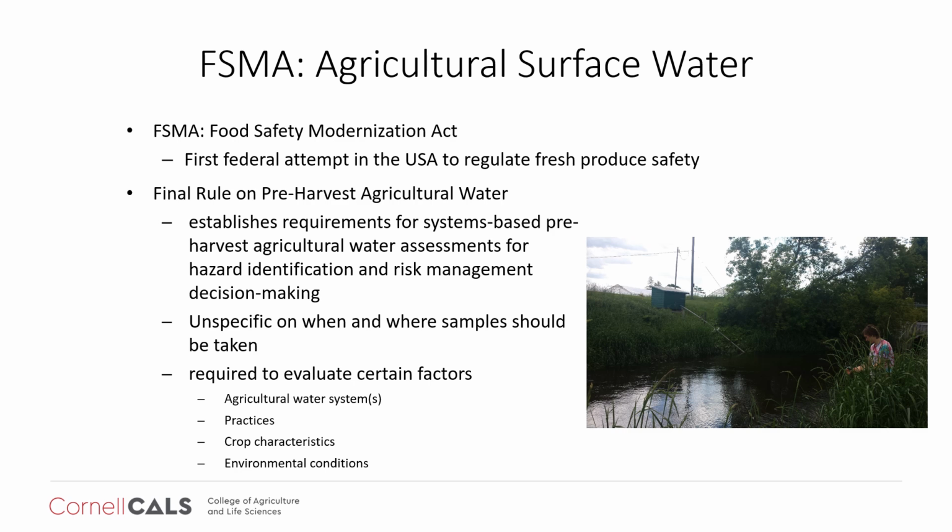When designing such a system, we need to evaluate multiple factors such as agricultural water system used, different practices, crop characteristics, and environmental factors. For example, the type of water distribution system, whether it is open or closed to the environment, or the degree to which the system is protected from possible sources of contamination, including other uses of the water system, animal impacts, and adjacent and nearby land use.